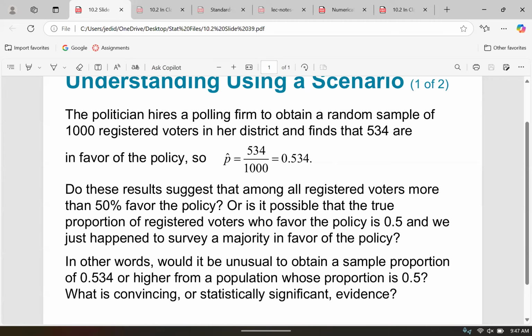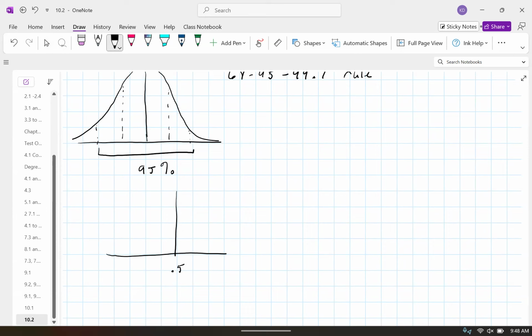So we assume our population proportion is 0.50, and our p hat was 0.534. We can use our standard deviation equation, which I gave you at the start. And that is going to give me, I cheated a little bit, 0.016.